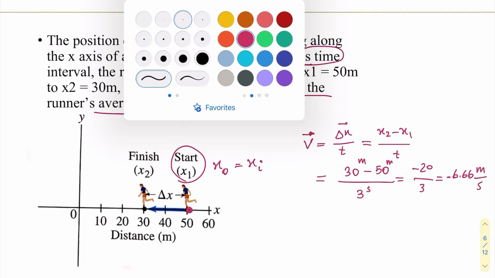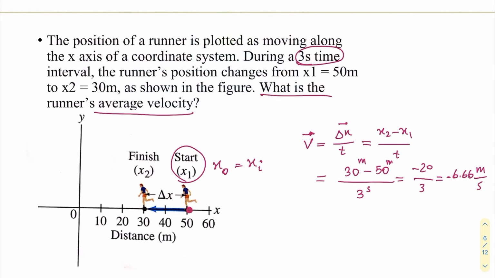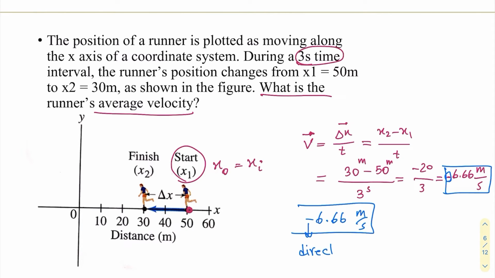Look at this example, we have a minus here, negative here, so the answer is negative, or minus 6.66 meter per second. And this negative represents the direction of the motion.